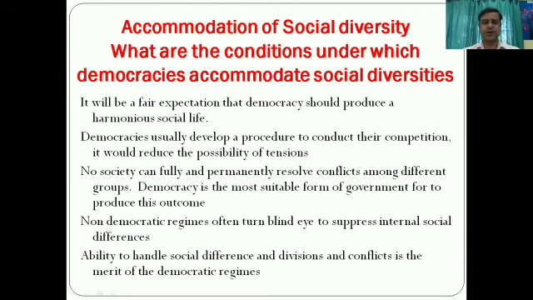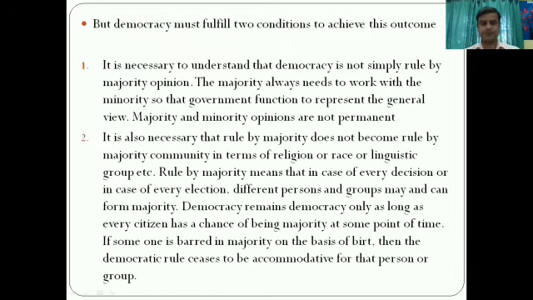Democracy is the most suitable form of government to produce this outcome. Non-democratic regimes often turn a blind eye and suppress internal social differences. The ability to handle social differences, divisions and conflicts is the merit of democratic regimes.